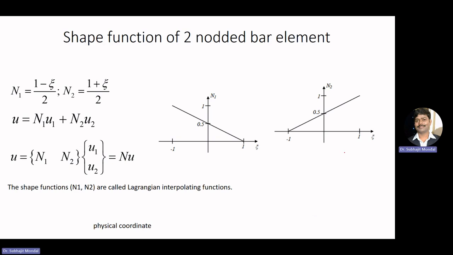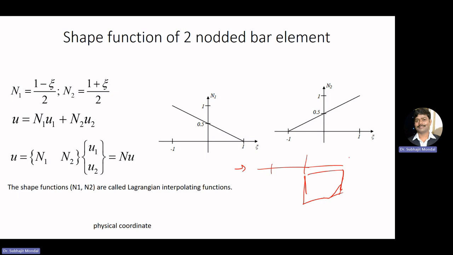Now, one may ask the question, what is the need to write the shape function in our natural coordinate system, because we have already developed the shape function in our physical coordinate system? The answer is that if you have an irregular shape geometry, we may not have good results if we consider the physical coordinate system.